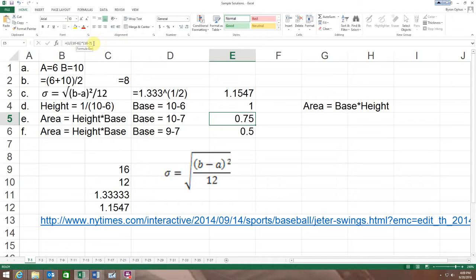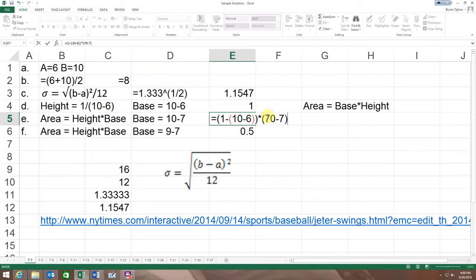I've got the formula a little longer here. I've got it equal to, I need parentheses, I think, 1 divided by my 10 minus 6, times my base, which is 10 minus 7.